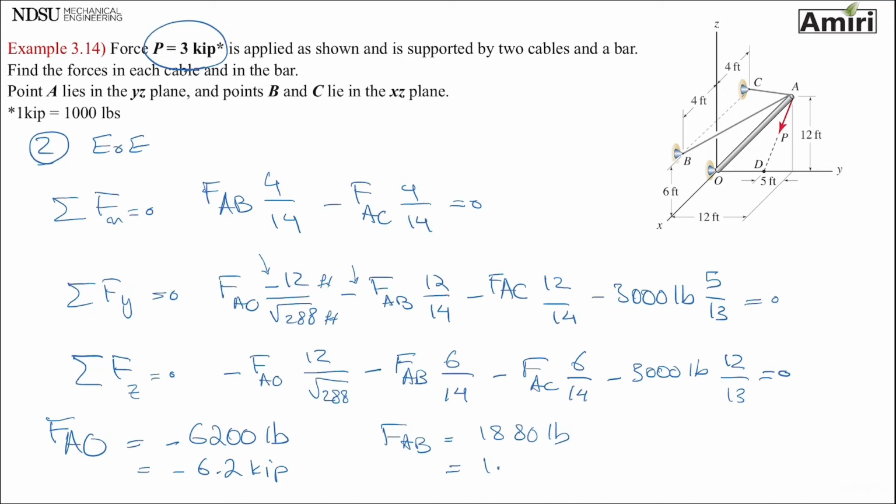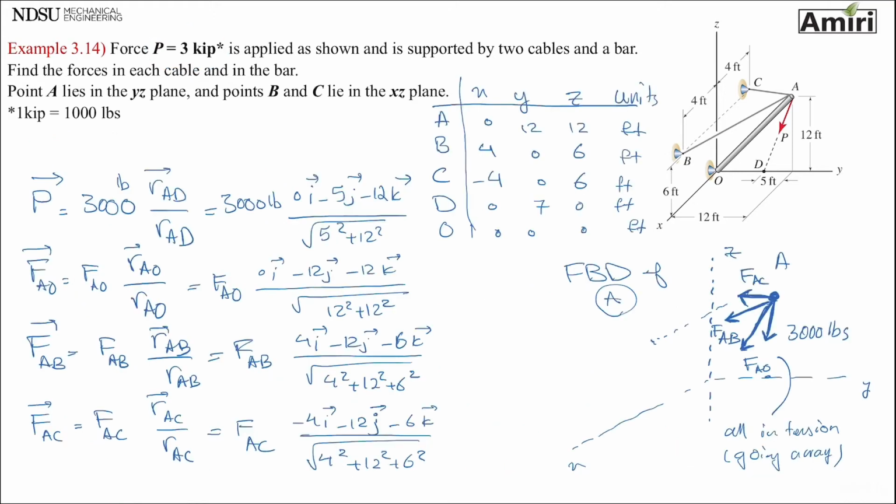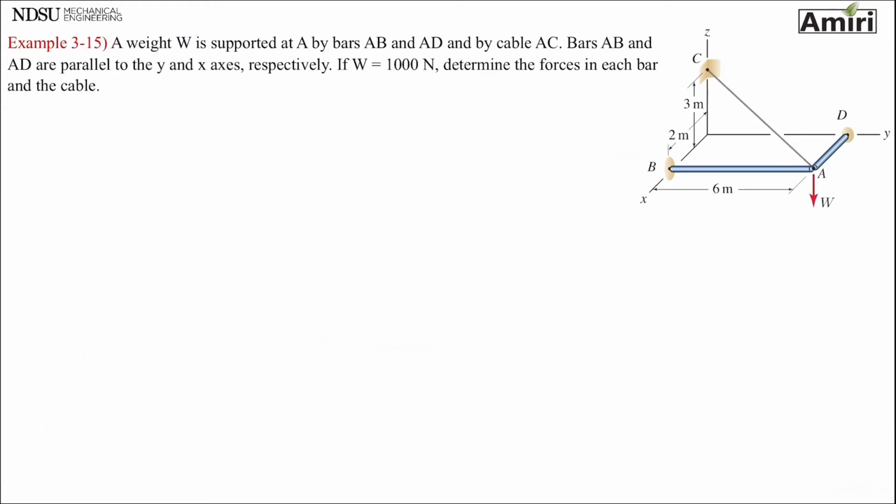That's why I like to keep the units in kip also, but it doesn't matter what you use. 1.88 kip. Again, AO, I got a negative. I want to remind you again, magnitude, this one is the direction of it. Although this whole thing is a scalar, that negative tells us that this should have been a compressive force, but we got it as tension.